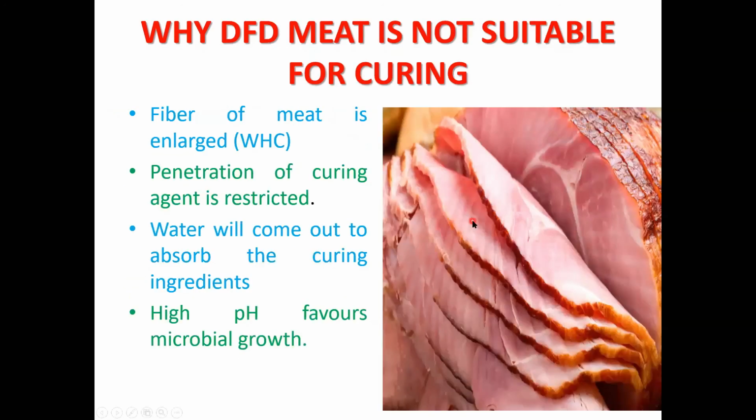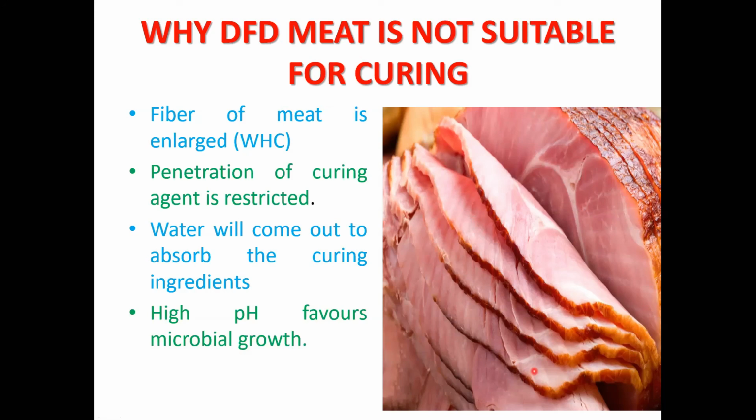Why is DFT meat not suitable for curing? Normally, when you apply the salt or the spices or the nitrite or nitrate, whatever curing ingredients you add, the water comes out of the muscle or the meat, and it absorbs the curing ingredients, which penetrate inside. Here, since the meat has more water holding capacity, the water will not come out to absorb the spices, the salt, or the nitrate we add.